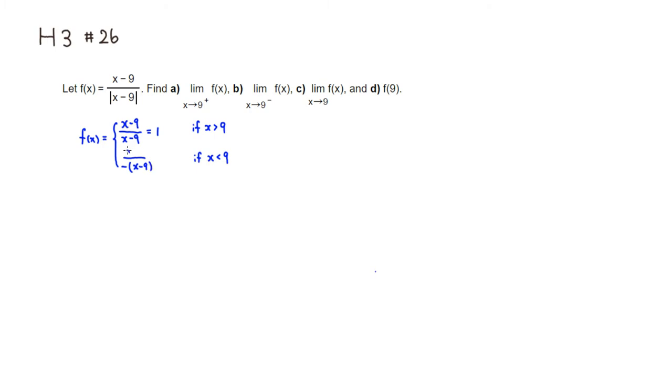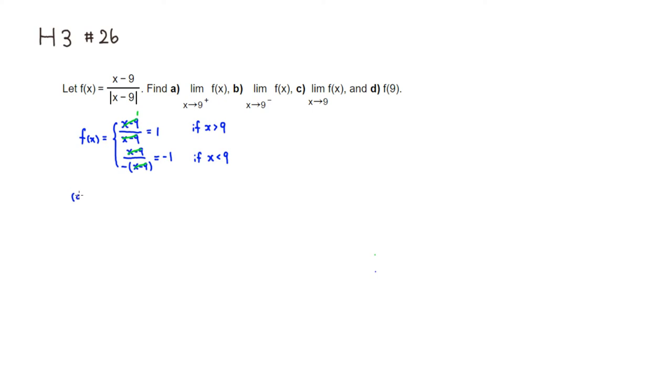Then you have x minus 9 on top, and you can cancel, just like before, to get 1 over negative 1, which is a longer way of saying negative 1. So this is the function. Then let's look at part A.